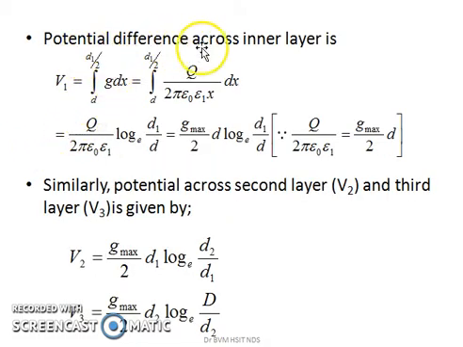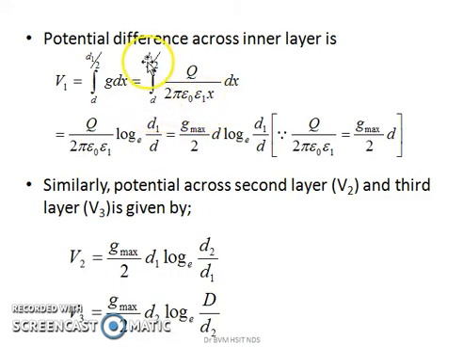The potential difference across the inner layer: you have to integrate over the inner layer, from d by 2 to D1 by 2. V1 is equal to the integral from d by 2 to D1 by 2 of G dx, where G is Q divided by 2 pi epsilon naught epsilon 1 x.